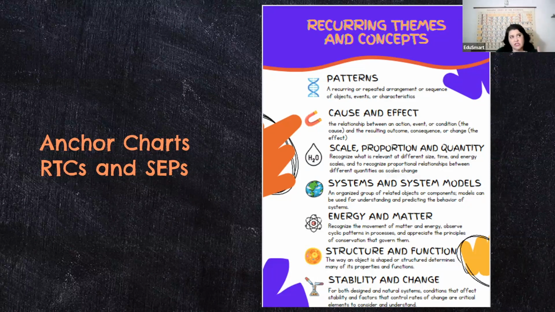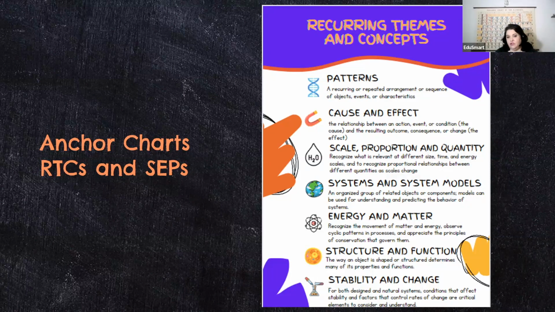Now, at some point, the kids may be really great at coming up with, oh my gosh, you know what? You could also think of that as cause and effect. Like if we're talking about ecosystems, and I'm going to use systems and system models, because we're talking about how we can understand the way the whole system works with inputs and outputs, the students may bring in stability and change, and they're like, oh yeah, but if something comes in and changes it, then all of a sudden the system is no longer working the way it was.